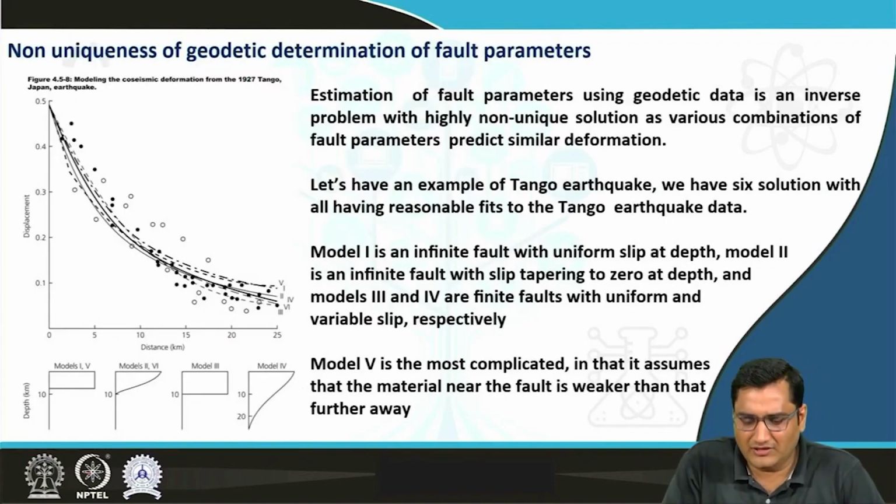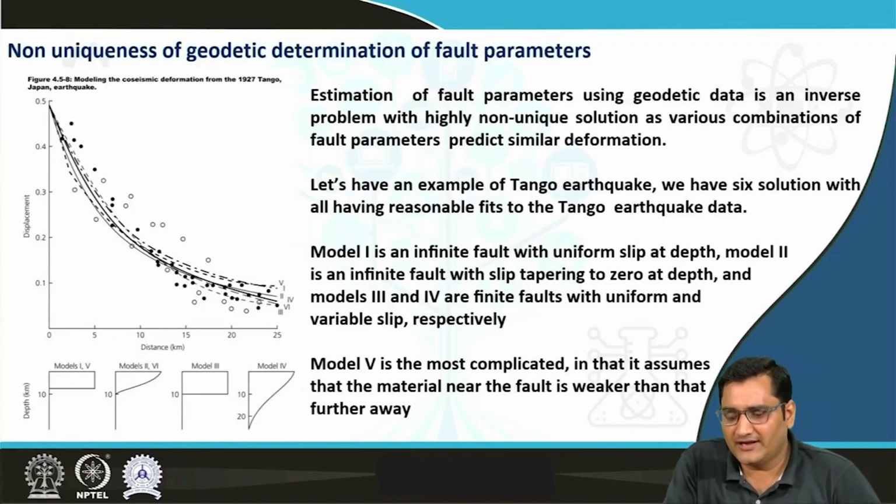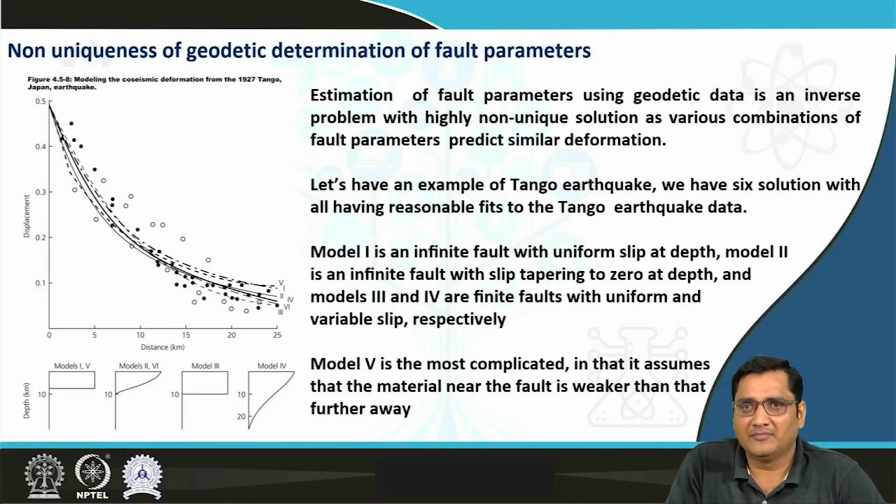Now let's talk about the non-uniqueness of geodetic determination of fault parameters. Obviously, we can use geodetic data to estimate the fault parameters, and when you estimate the fault parameters using geodetic data, it is an inverse problem, and this inverse problem is very non-unique. That means it has many solutions, or many combinations of fault parameters can produce similar deformation.